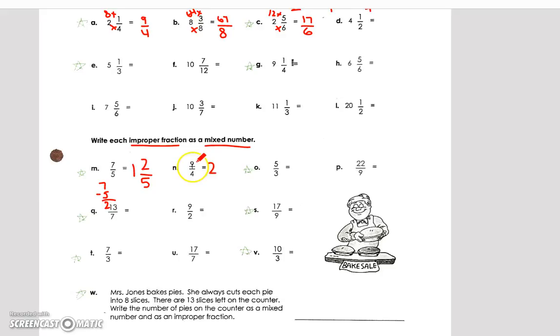I know 4 times 2 is 8, so I'm going to take, whoops, that's supposed to be a 9, and subtract that 8 from it. That tells me how much I have left over. 9 minus 8 is 1. So I find that my new number is 2 and 1/4.